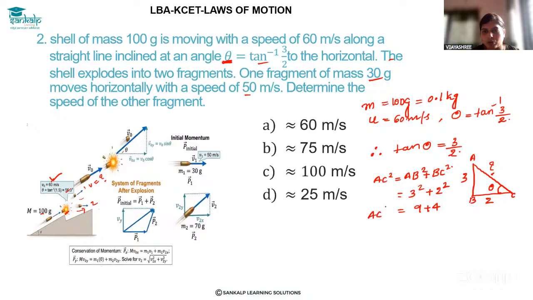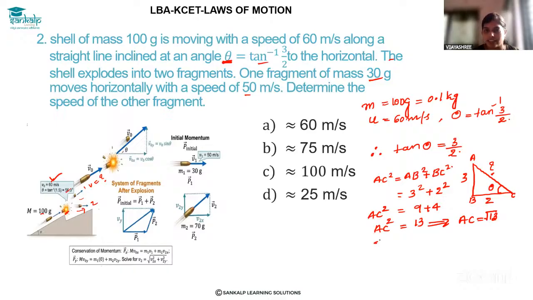AC square equal to 13, which implies AC equals square root of 13.